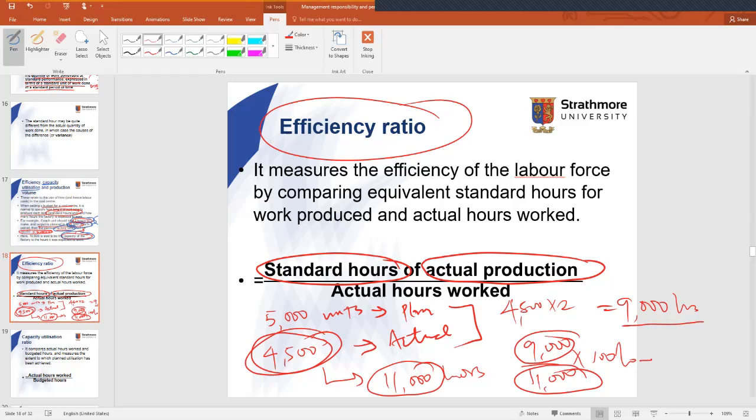So how much do we get? 9 divided by 11 as a percent. What do you get?